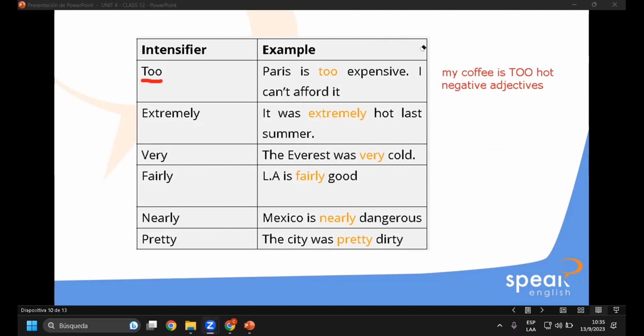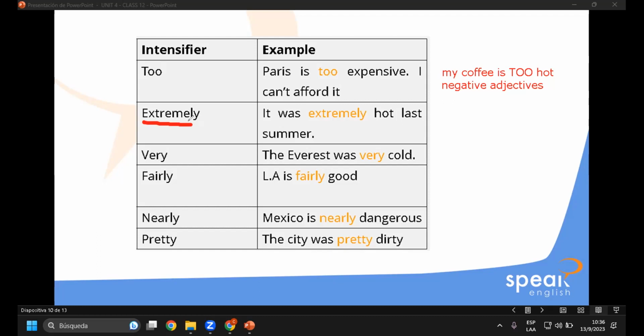The next intensifier that we got here is extremely. Now, extremely can be used with both positive and negative adjectives. I can say, my city is extremely clean. My city is extremely dingy.